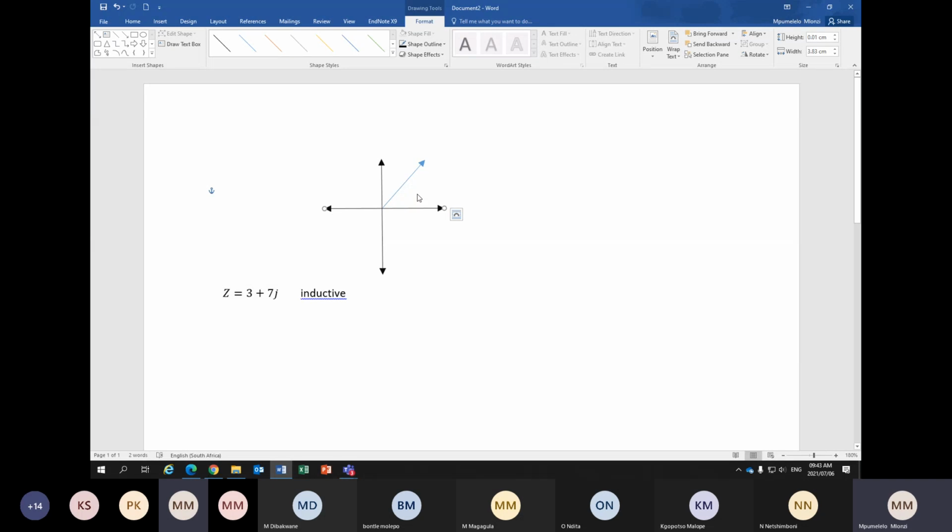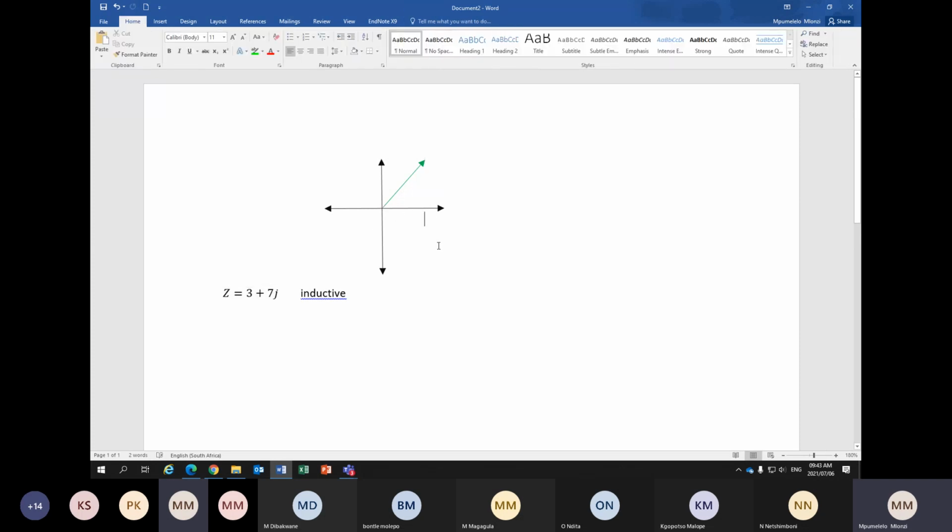Since you have this as your impedance, this can be represented in terms of the rectangular form, where this 3 will lie on the x-axis. This will be positive 3 because this is where your real numbers are found on the horizontal axis.